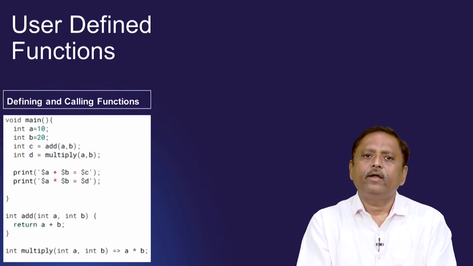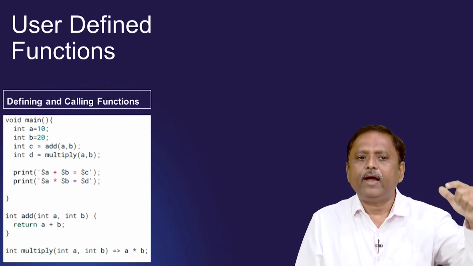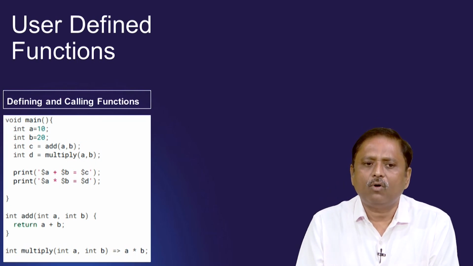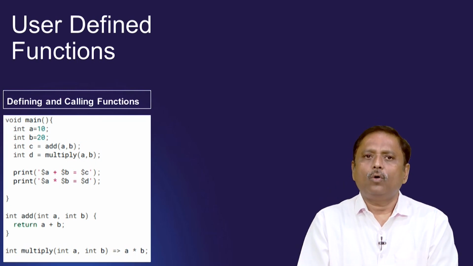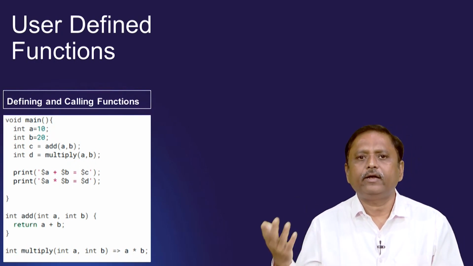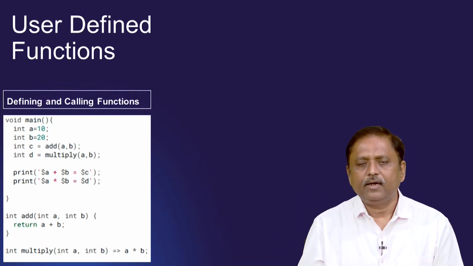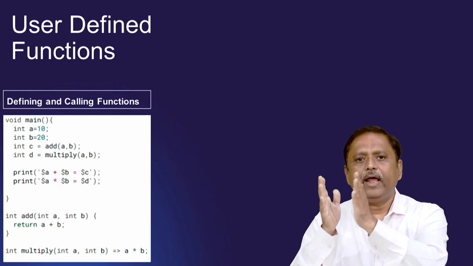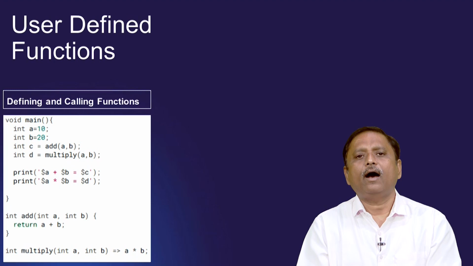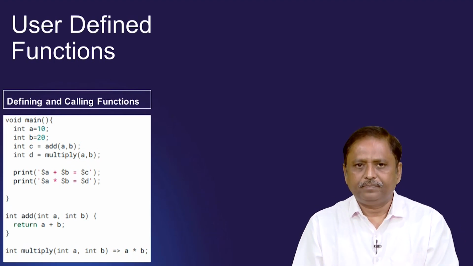So, on screen you can see there is a main function, and after main we have written another function called add. The first is int, which specifies the return type of the function, which is integer in this case. Then we write the name of the function, which is add in this case, and after that we provide arguments.